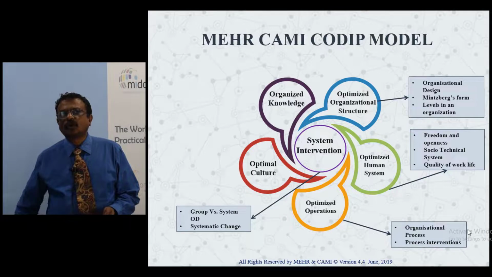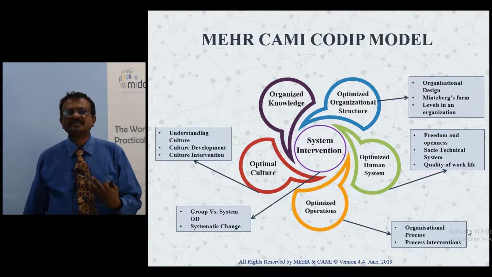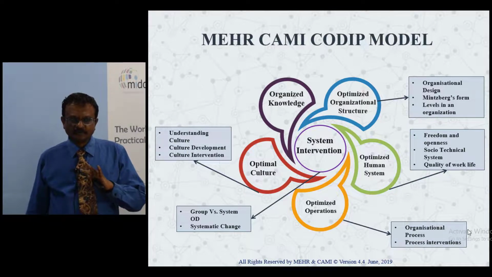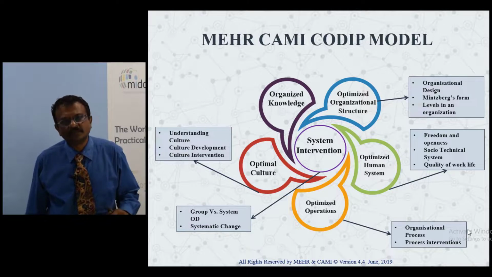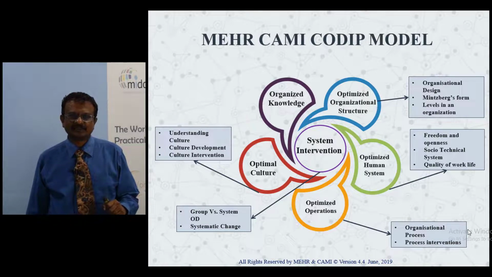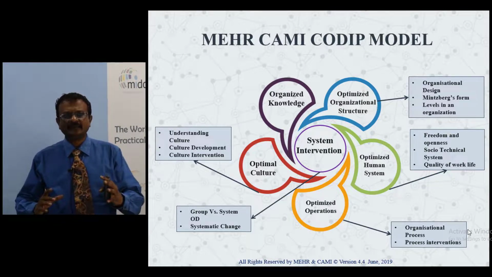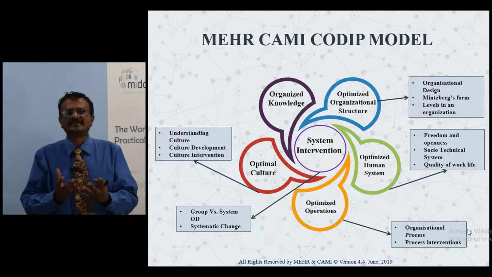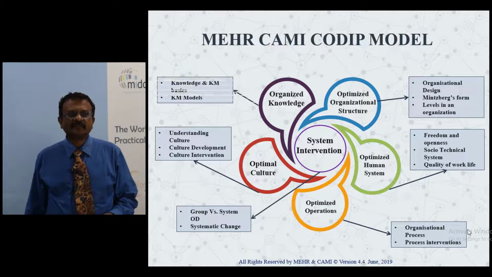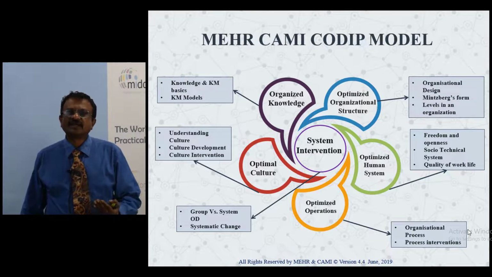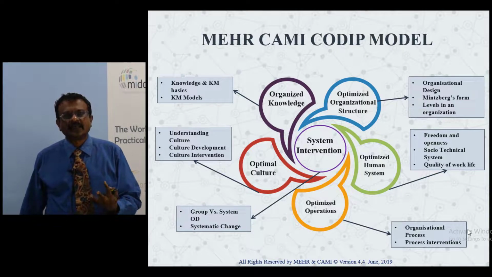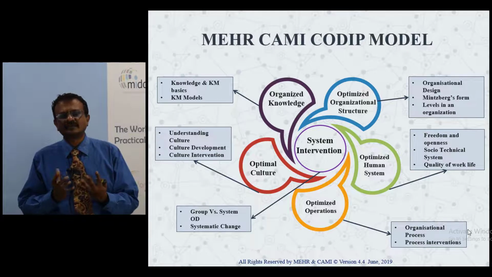Then, to support all this, you need a very strong culture, and in the next module we'll focus on how you develop strong cultures in organizations and how you do a culture intervention. And finally, how do you create an organized knowledge system? Here we'll talk about knowledge management, the models of knowledge management, and this module will take you through the last of our interventions.